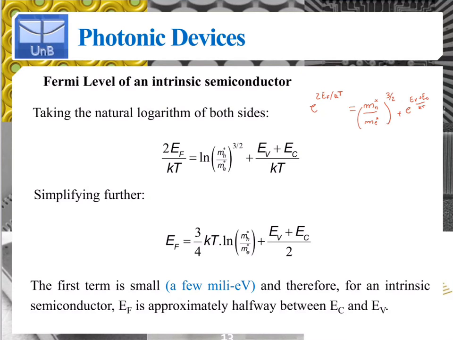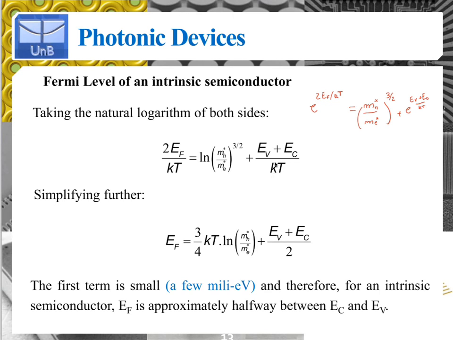And we can just take the natural logarithm of both sides here. So we get the exponent here, 2 times Ef over kT, equal to the natural logarithm of this term right here, plus the exponent here as well, so Ev plus Ec divided by kT.